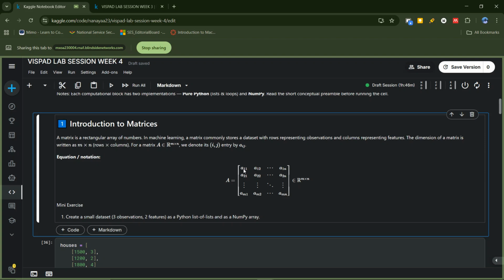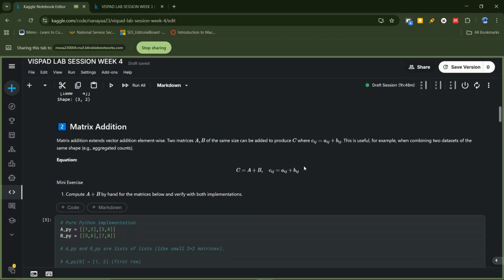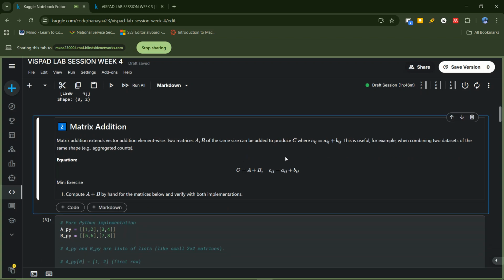That is the same ideology we are using over here. We are saying that two matrices A and B of the same size can be added to produce C, where Cij is equal to Aij plus Bij.